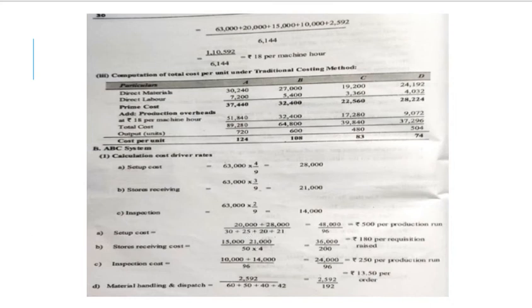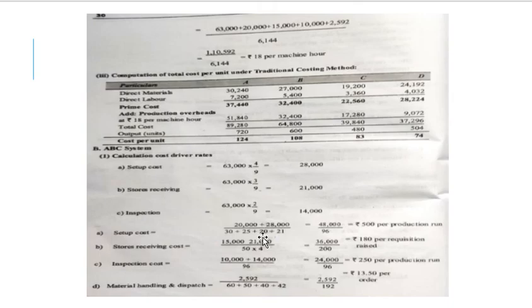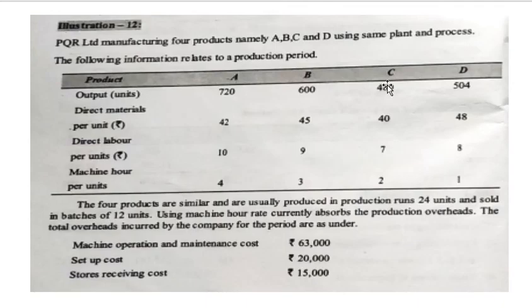Then for C, it is 480 units, and 480 divided by 24 will give you 20. So 20 is the production runs for C. Then for D, the total units is 504.